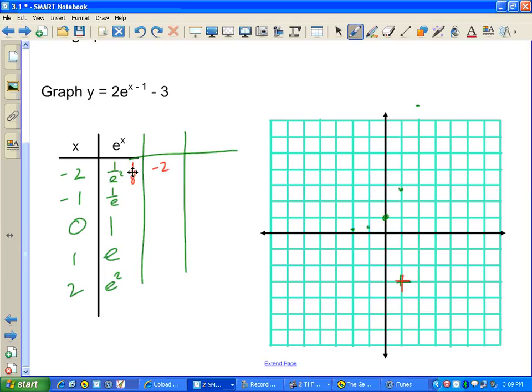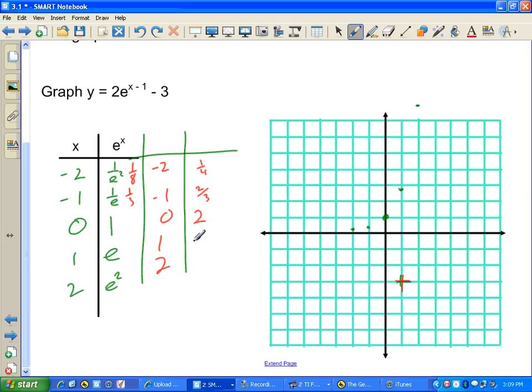twice that, or up twice that much. So that'd be a little less than 1/4. This is a little less than 1/3, so now I'm going to go up a little less than 2/3. My x movement's going to stay the same. This is going to double.